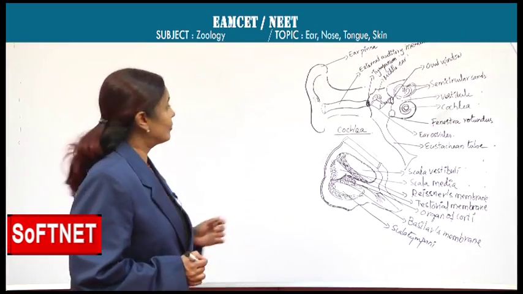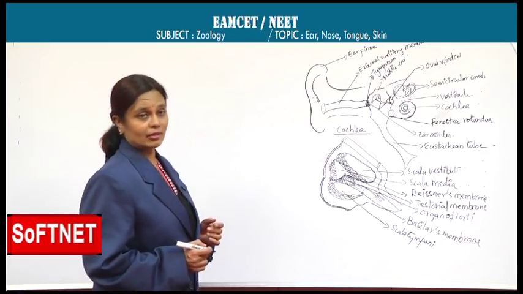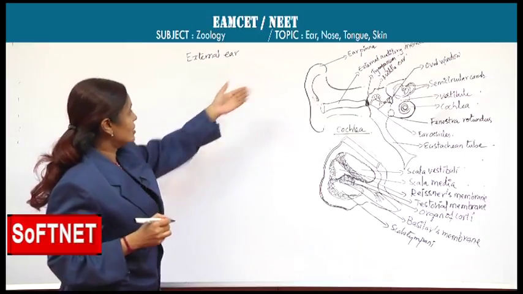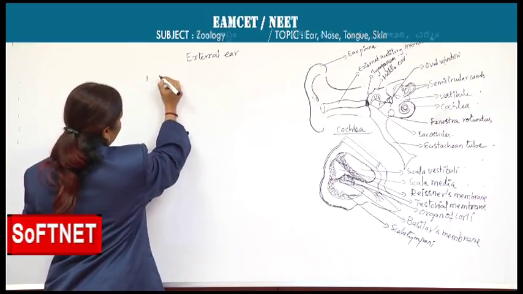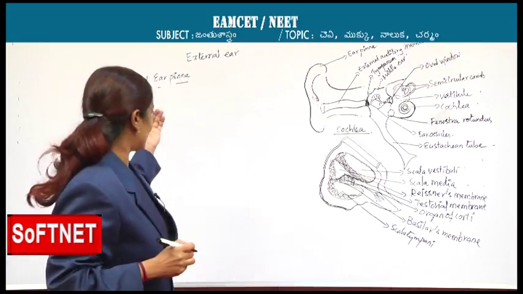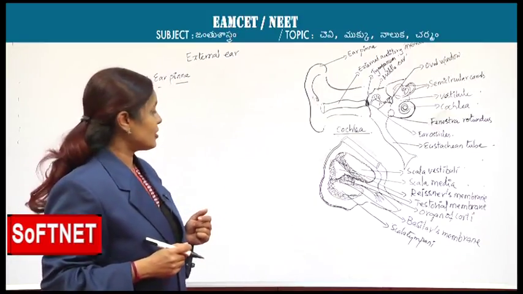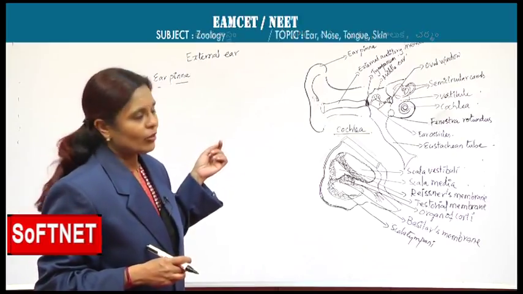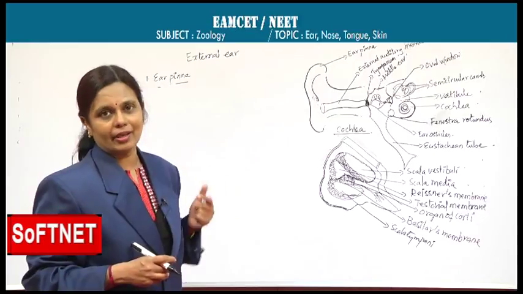Let us learn about the structure of the external ear. As we already discussed, the external ear has 3 parts. Number 1, it is ear pinna, a lobe-like structure specialized in receiving sound vibrations from the air.